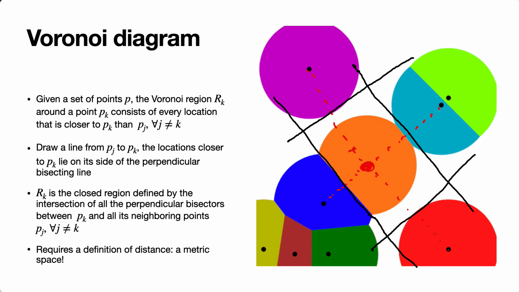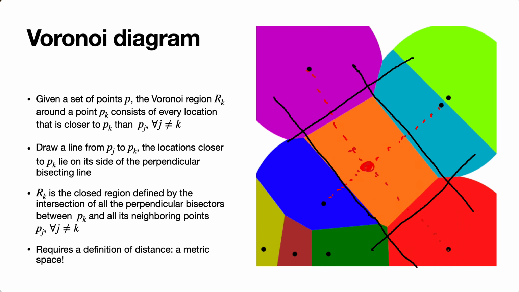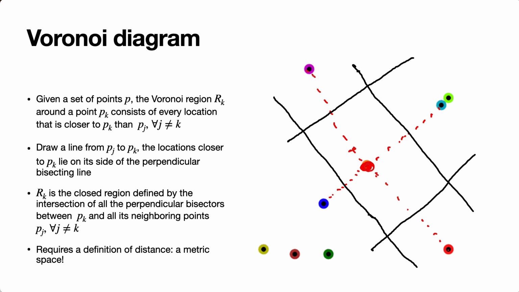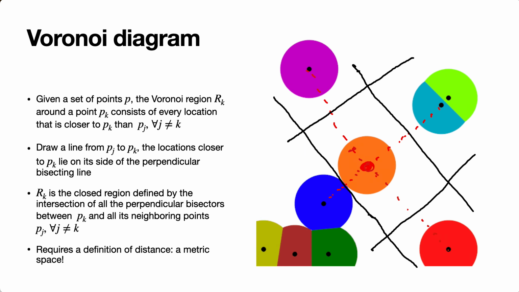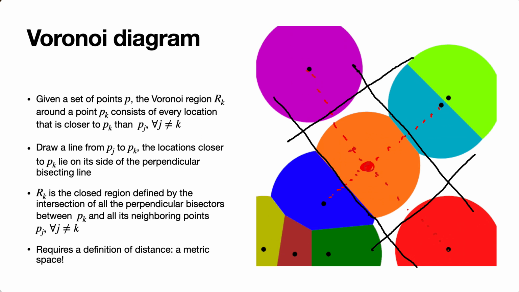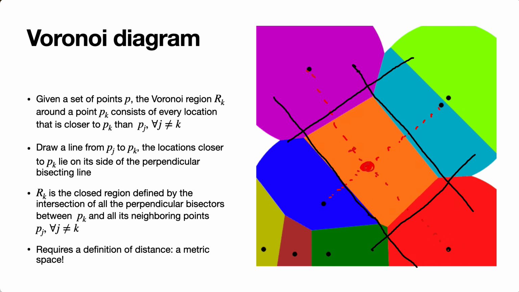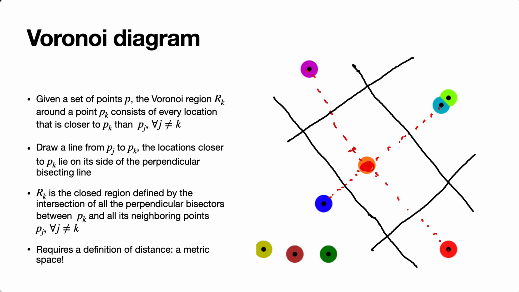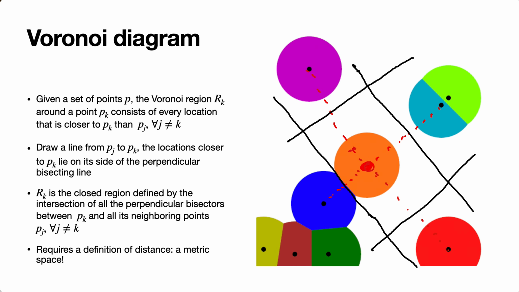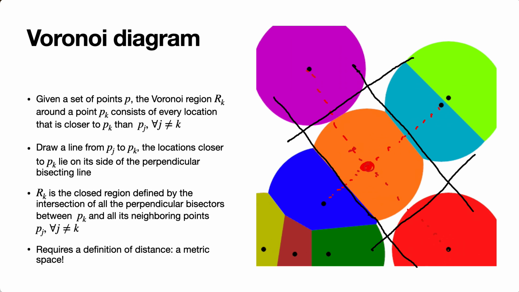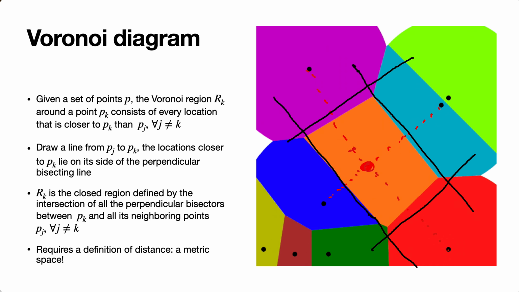This Euclidean growth, a spheroid growth, where those two things meet, forms lines. Those lines can be defined as the perpendicular bisectors of the lines in between the 2 points. And that forms this so-called Voronoi diagram. Each one of these regions is a closed region.